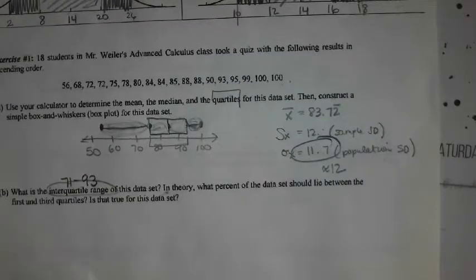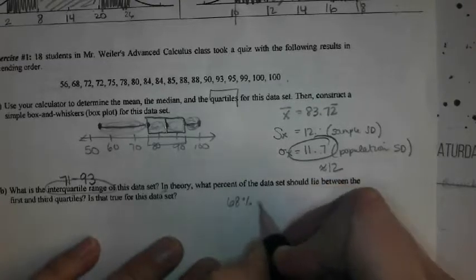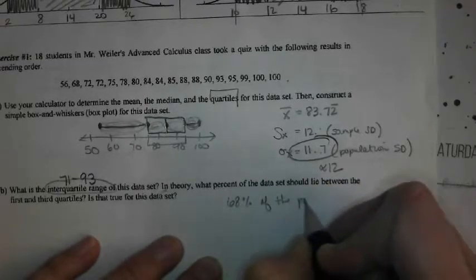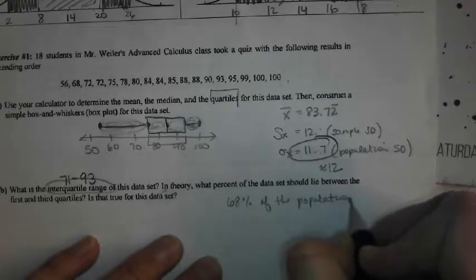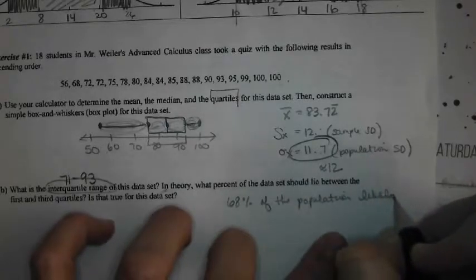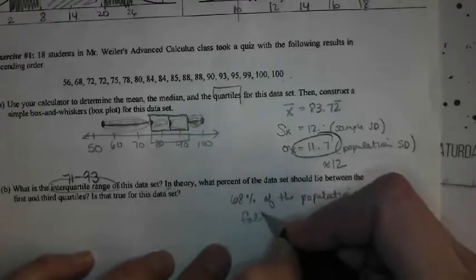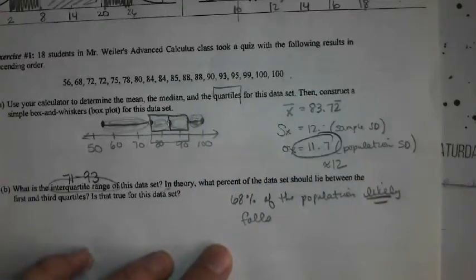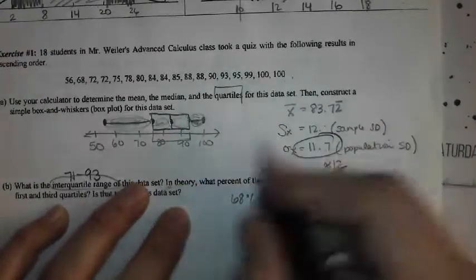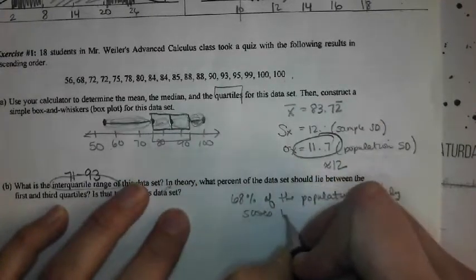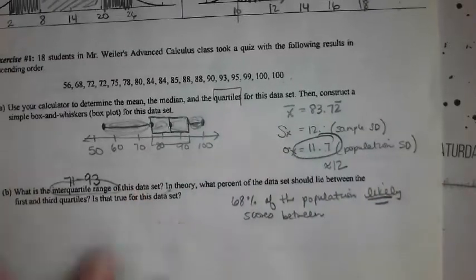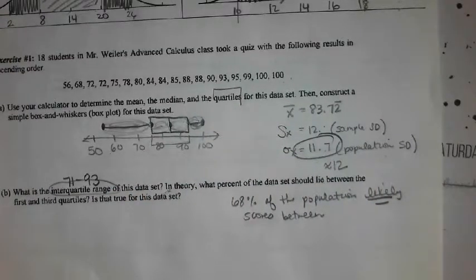What that tells us is that 68% of the population likely, not definitely, likely scores between 12 points, which is our standard deviation, below the average, and 12 points above the average.